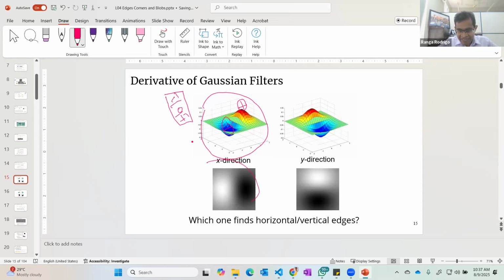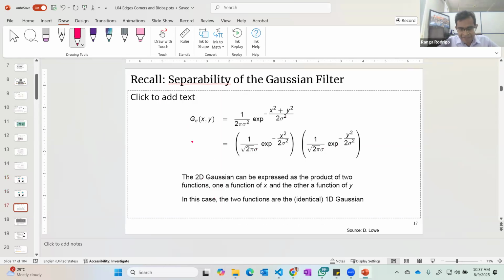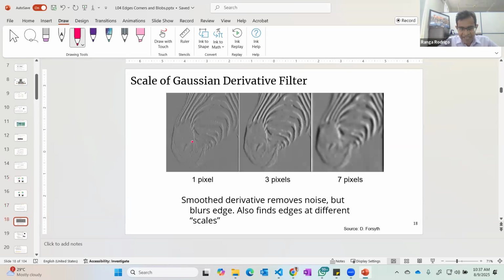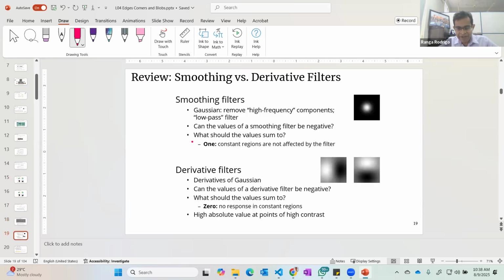And I have displayed that as an image over here. So these are smoothened versions of the derivative kernels, and these are the ones that we must be using. Then we discussed about the separability, and then the scale of the Gaussian derivative kernel. Scale means a sigma value. Then we looked at these things.